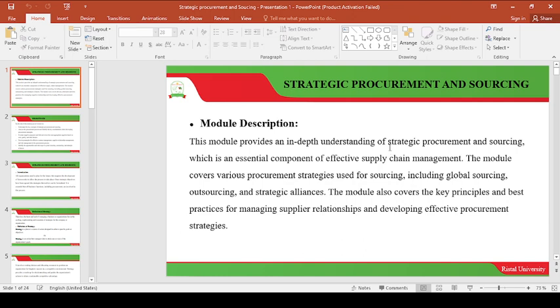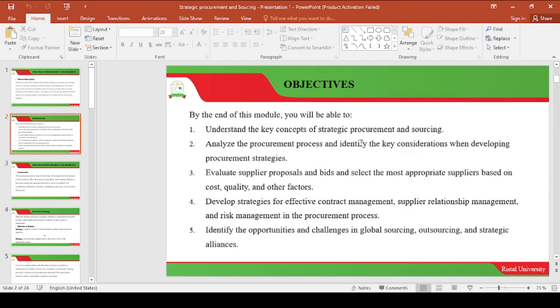So, what are the objectives of this module? By the end of this module, you will be able to understand the key concepts of strategic procurement and sourcing. You will also be able to analyze the procurement process and identify the key considerations when developing procurement strategies.